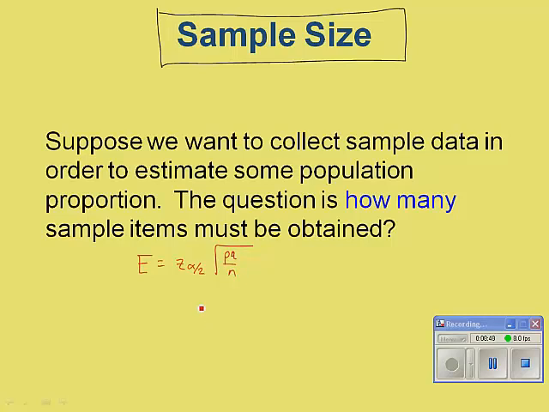I'm going to go through this very quickly, the next few steps. If I want to know the sample size, what you'd want to do, I guess, is get the sample size by itself from an algebra standpoint. So I could do something like E divided by the z-score is the square root of p q over n.